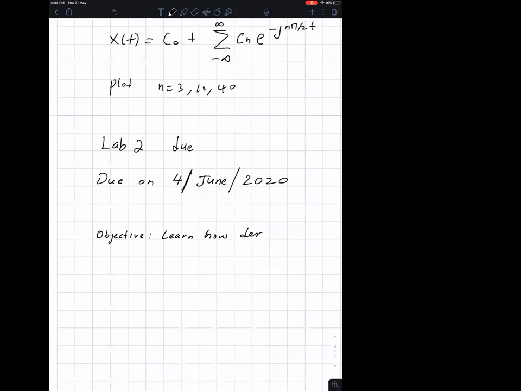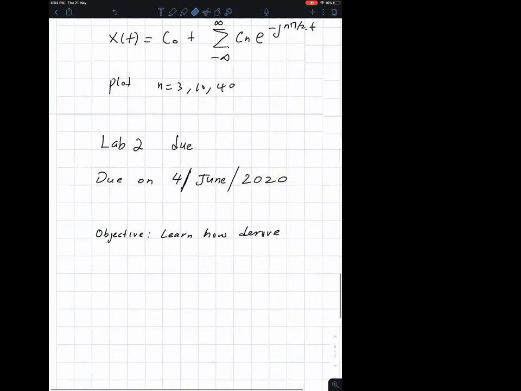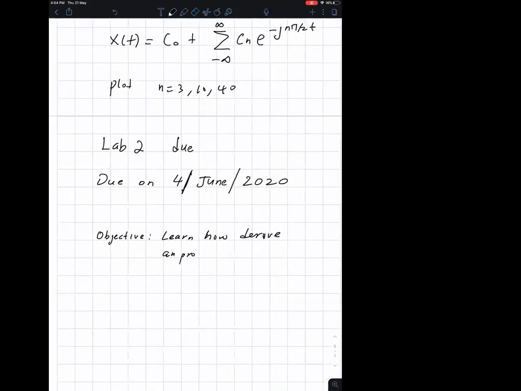Learn how to derive and program Fourier coefficients.